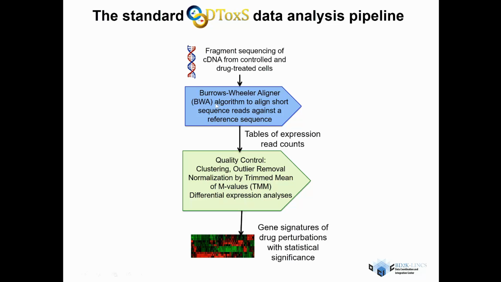And then it does an alignment. It calls the BWA binary, which aligns the reads to a human reference genome. So that tells us which gene the read comes from.